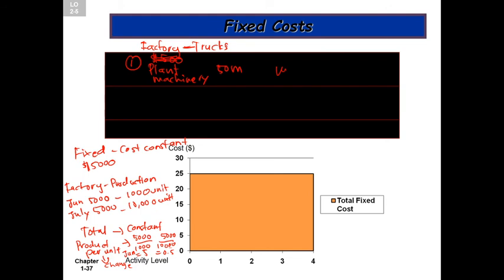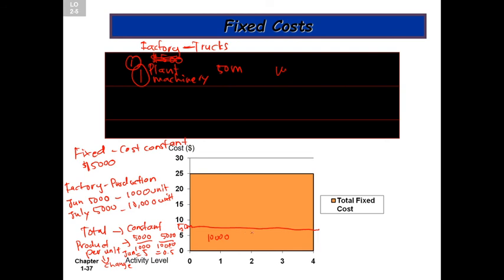This is one machinery, so it's constant. Even though in the first month you produce 10,000 units, you still have to pay for the machinery, 50 million. It's one off.